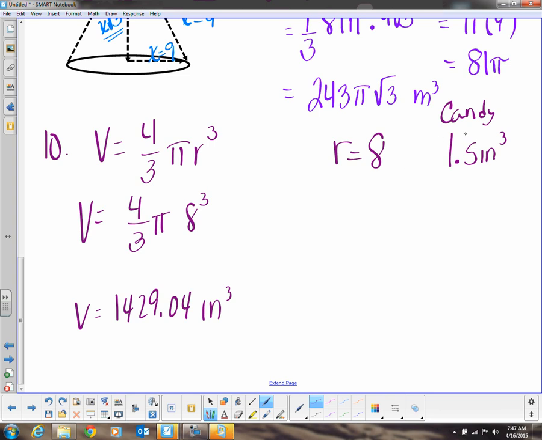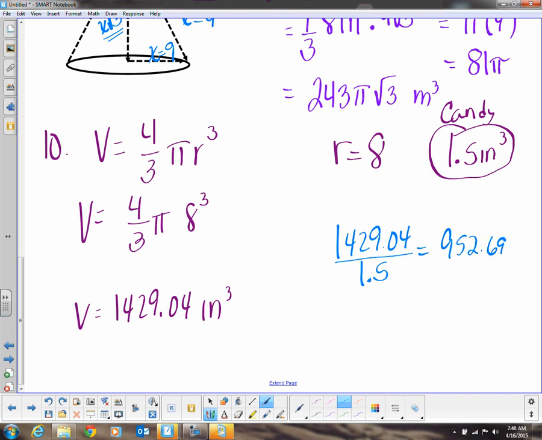Now, question. If each piece of candy takes up 1.5 of these cubic inches, how do I figure out how many? So I'm going to take 1429.04 or 05 and divide by 1.5. This would definitely be EOC level. So divide, what do you get? Okay, this is how many pieces of candy you need.